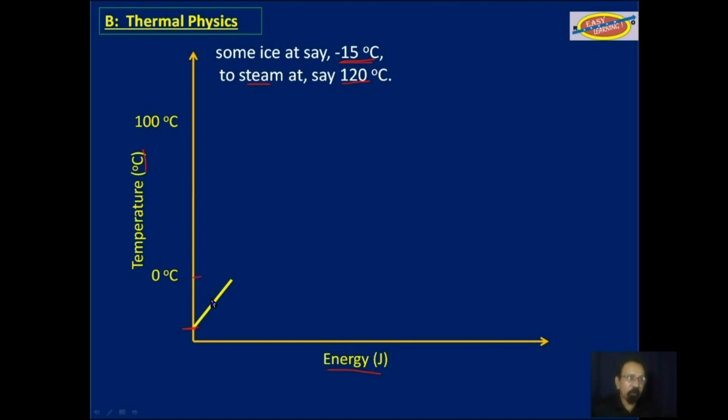We will have to heat it up until it reaches the melting point. Here you have all ice. As you add energy to it, going this way, the ice gradually becomes water, still at 0 degrees Celsius, until all the ice has become water.